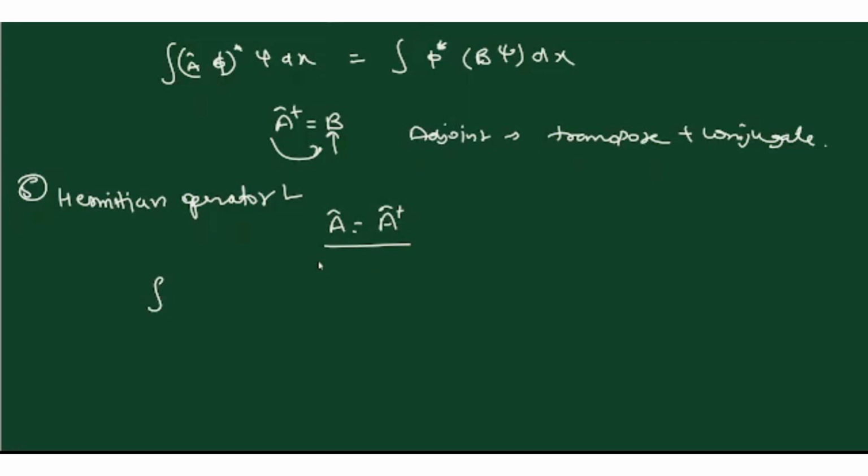That's a property. If integral of (A psi) star phi dx is equal to integral of psi star (A phi) dx, then A is equal to A dagger. Because here A is operating on psi star, if we get this type of form, this is called A dagger.